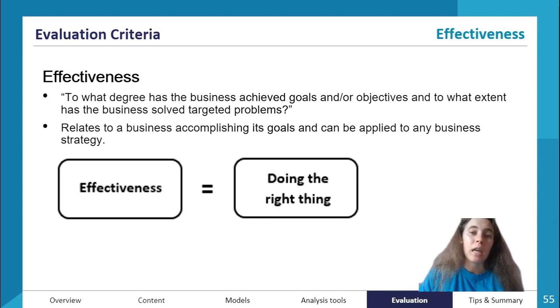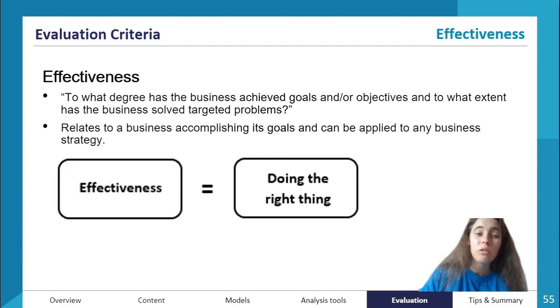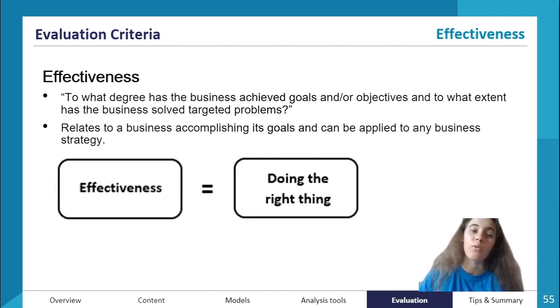Effectiveness and efficiency. Now, this is something that you can get a bit confused, but effectiveness is about the degree that the business has achieved goals and to what extent the business has solved any targeted problems. So it can be applied to any business strategy. This is always a really good one that's versatile.